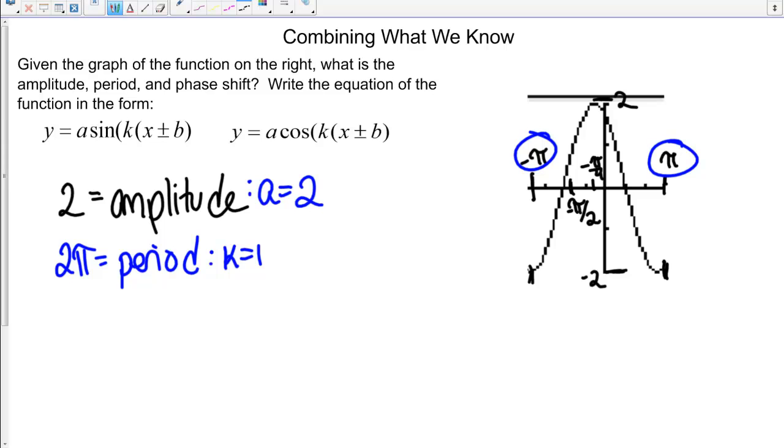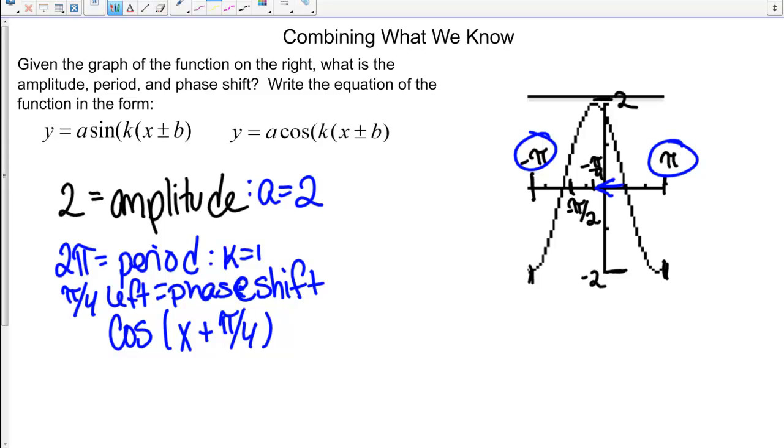And then we have our phase shift. So first we need to decide, is this cosine or sine? It looks like this is maybe cosine that's been shifted left by pi over 4. So x plus pi over 4. And our phase shift.